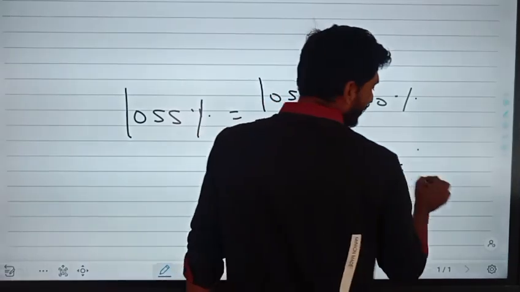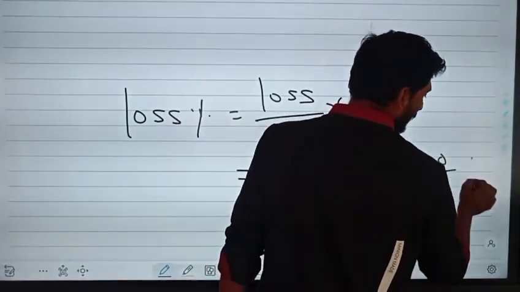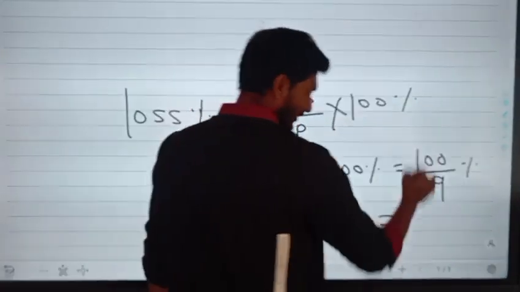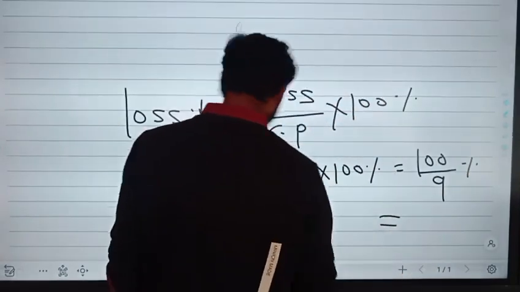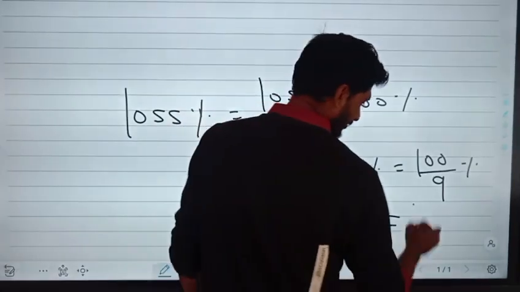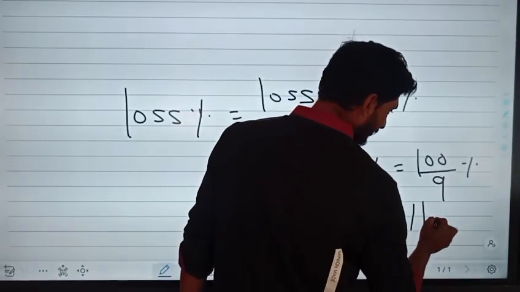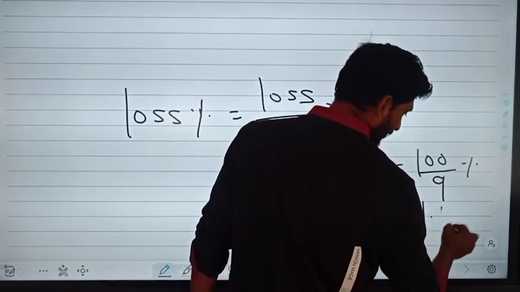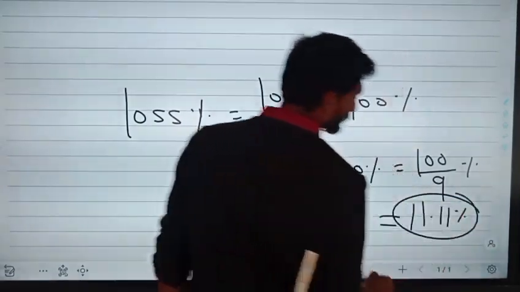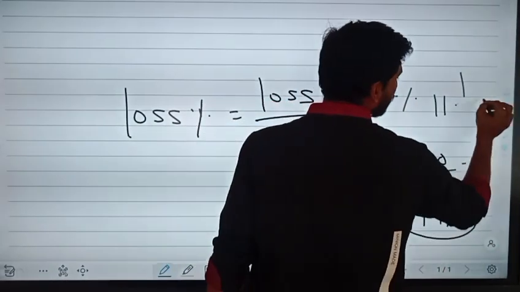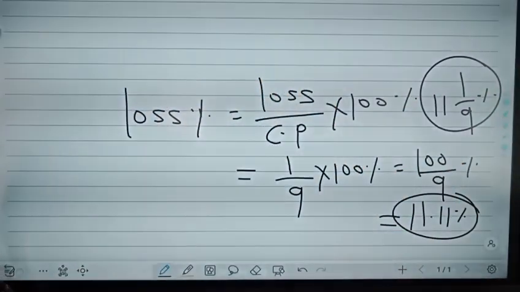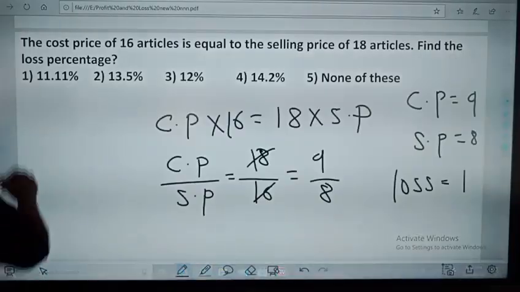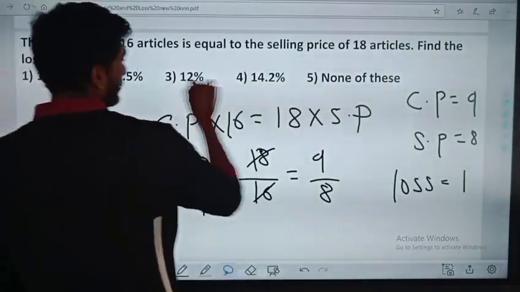Then we get 100 upon 9%. 9 elevens are 99, remaining 1. So 11.11% or 11 1/9%. Your answer is 11.11%.